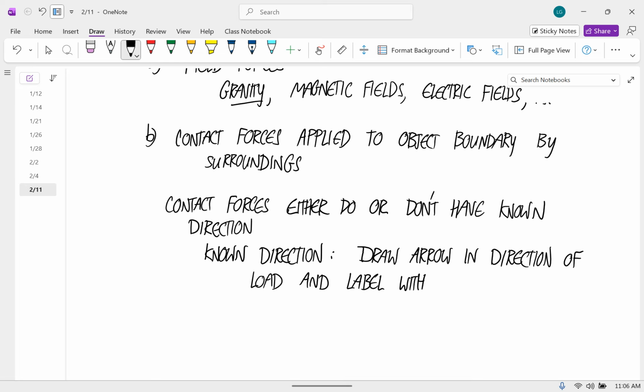So not a vector value, just a single number that represents the magnitude in that direction.